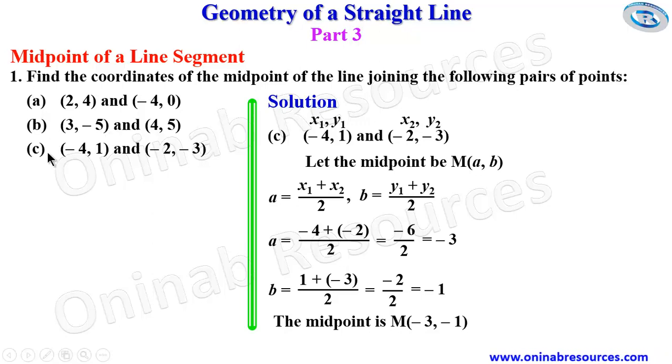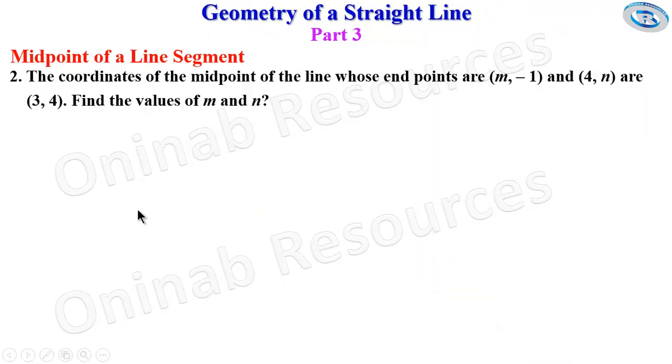Having solved A, B, and C, we then go to problem 2. The coordinates of the midpoint of the line whose endpoints are (m, -1) and (4, n) are (3, 4). Find the values of m and n. In our solution here, we are given the two points and the midpoint.